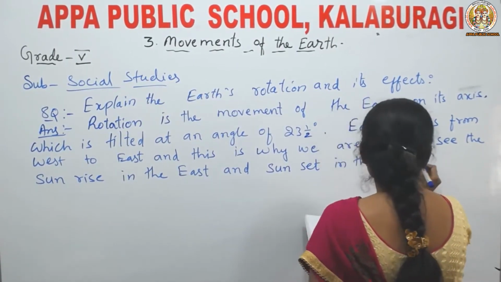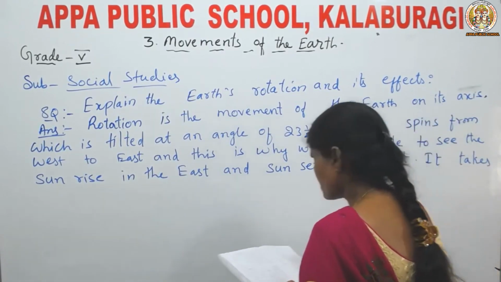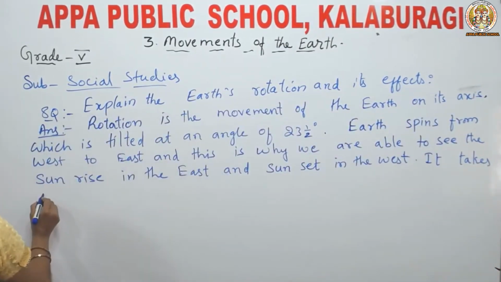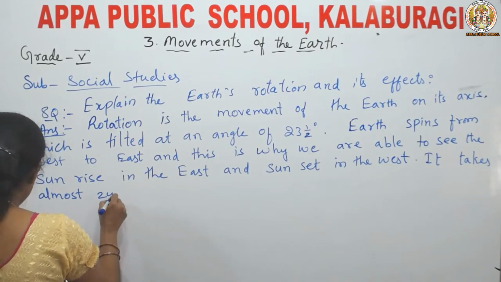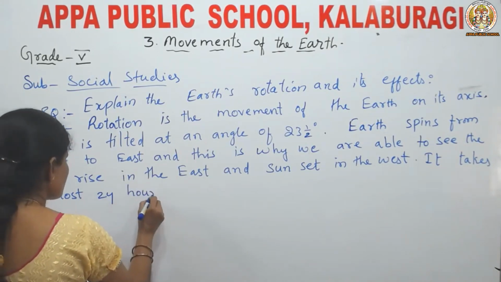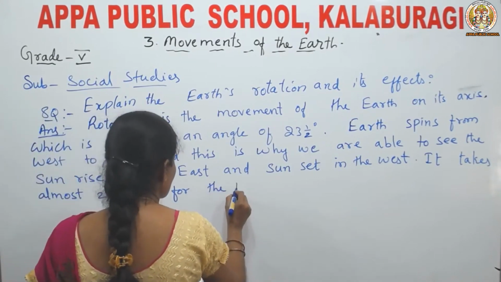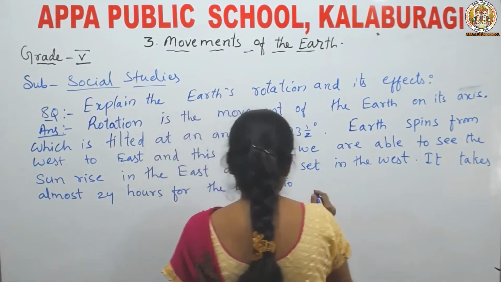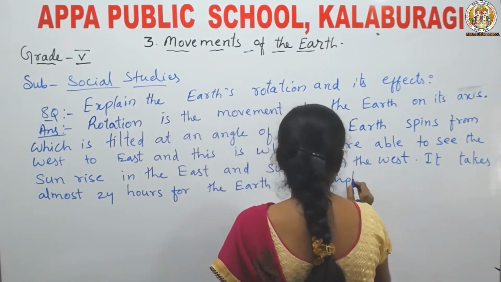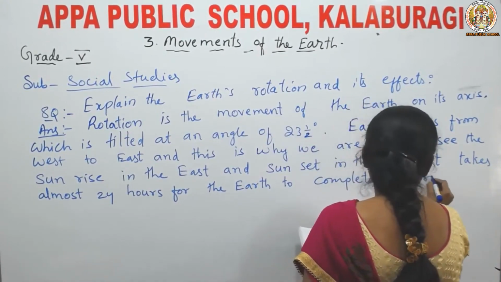It takes almost 24 hours for the Earth to complete one rotation.